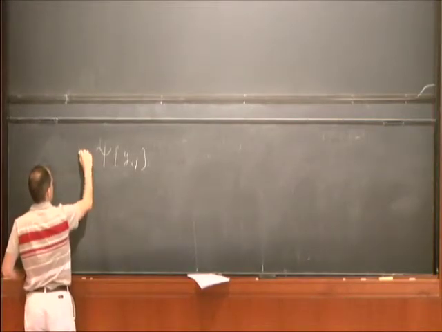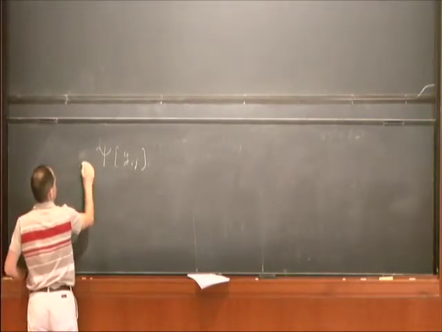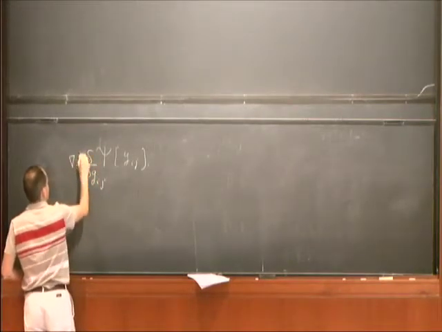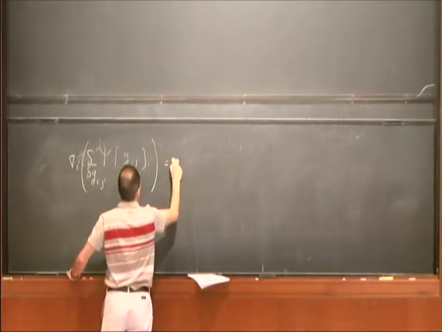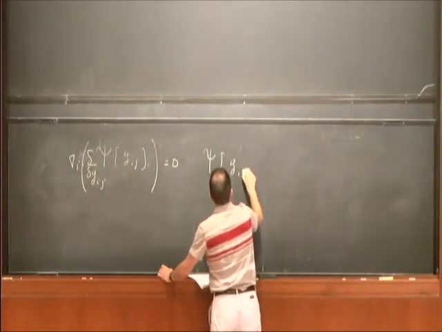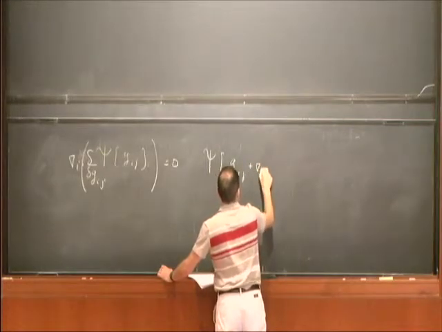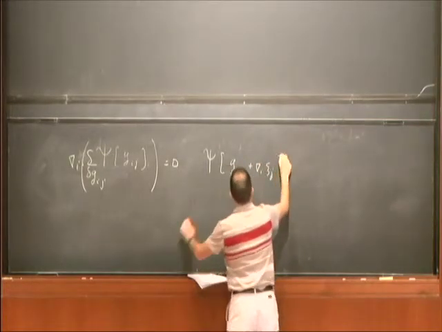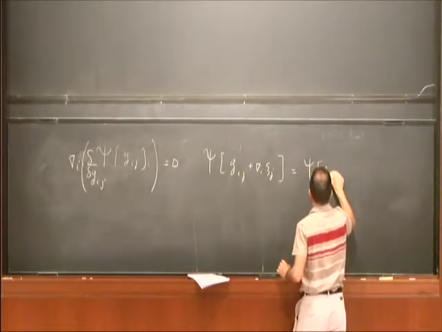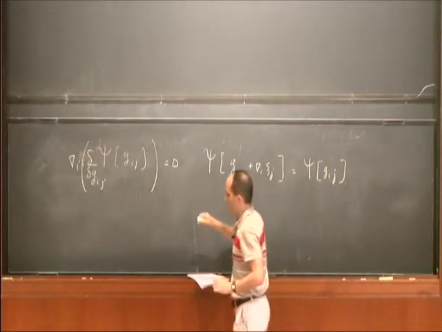One is the momentum constraint, which says that the derivative with respect to G_ij, nabla_i, is equal to 0. This is a very trivial thing. This is just saying that the wave function, whatever it is, should be invariant under reparametrizations. Reparametrizations change the metric in this way, and this should be equal to G. It's exactly the same equation.